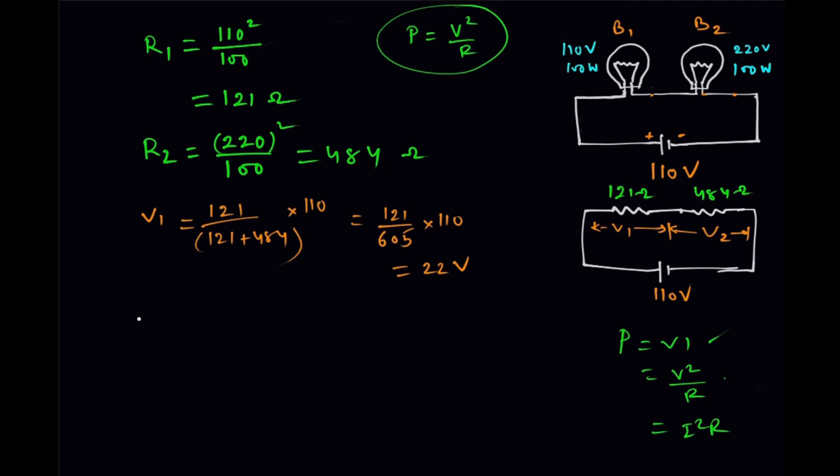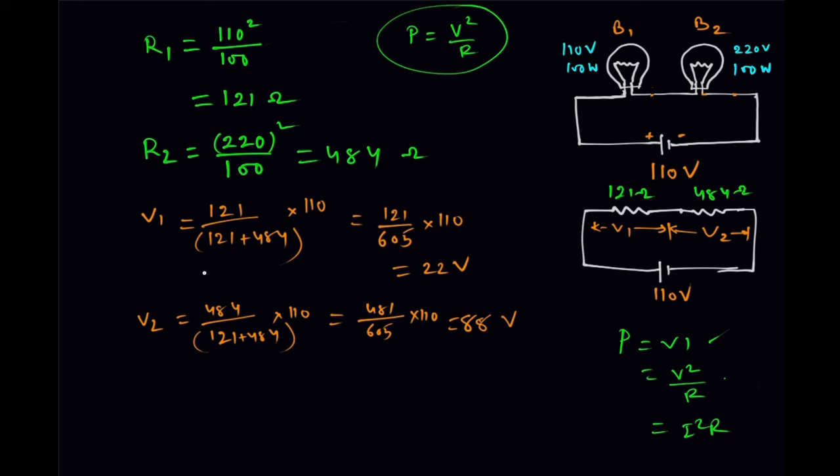Okay. Similarly V2 is equal to how much? That is 484 divided by 121 plus 484, multiplied with 110, that is equal to 484 divided by 605 into 110, that is around 88 volts.